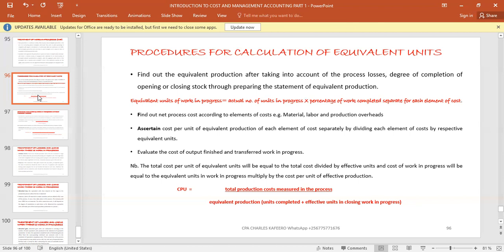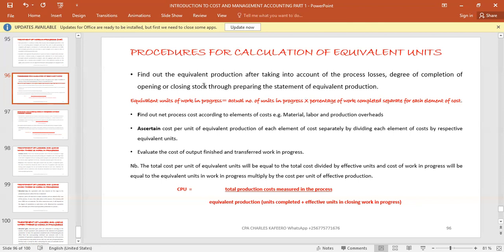I know you guys may be a bit confused, but when we do the computations, you will just see everything flowing. But make sure you are able to remember these steps, because if you get one wrong, you just know everything is going to be wrong. Why? Because what we use at the beginning, from step one, is equivalent production.